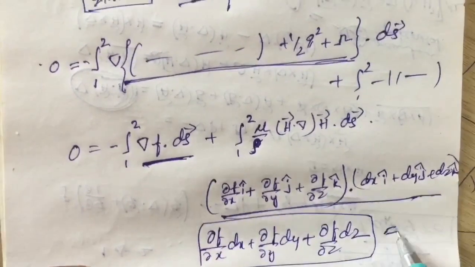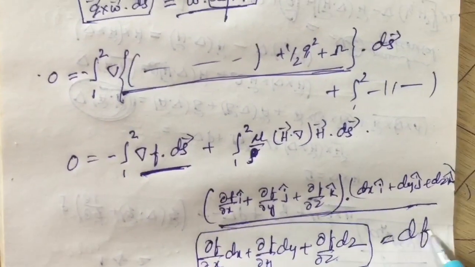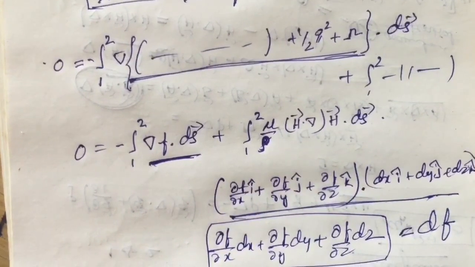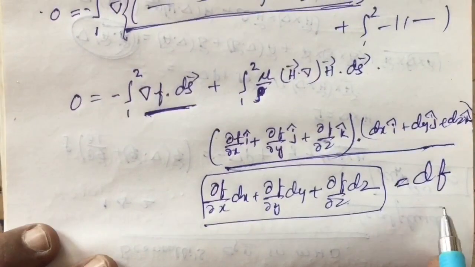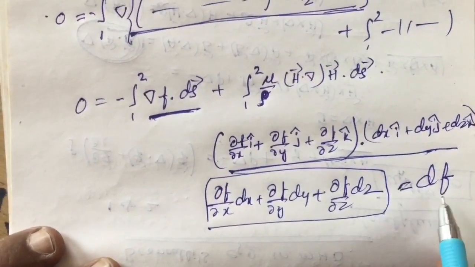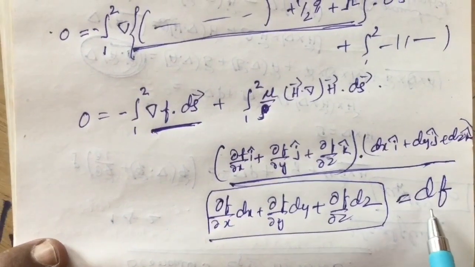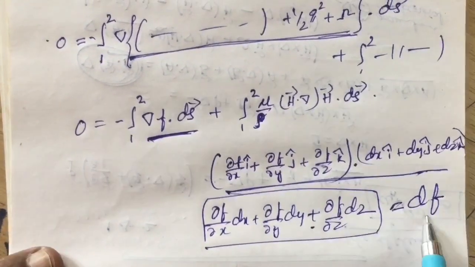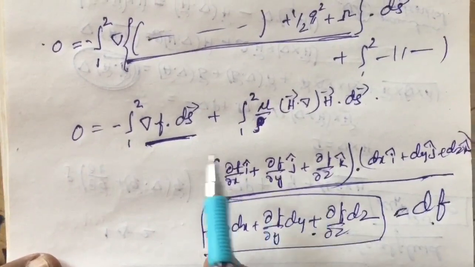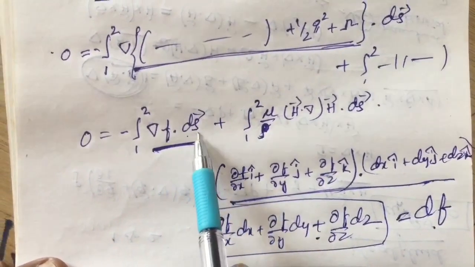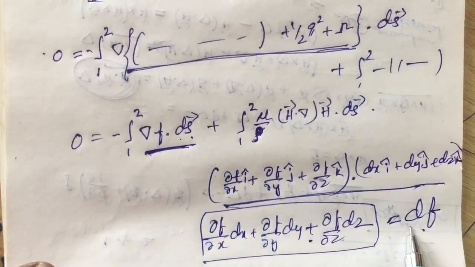But this is nothing but the total derivative of f. You know this concept; we have used it several times in the previous classes. That's why your term del f dot ds can be written as df.